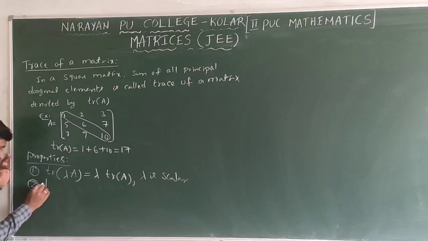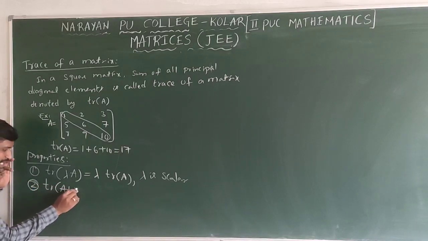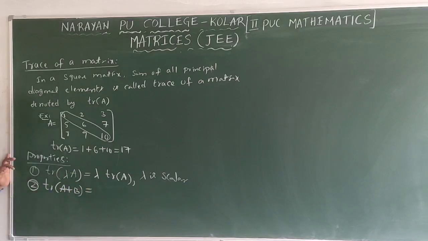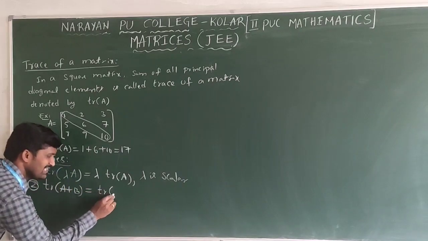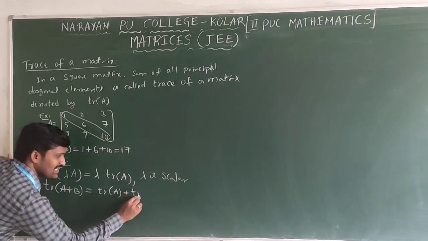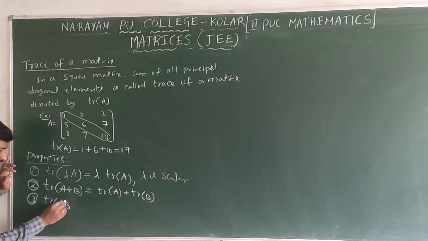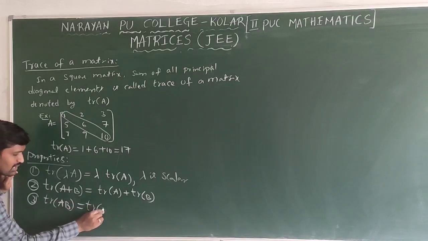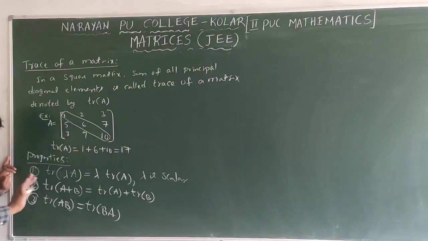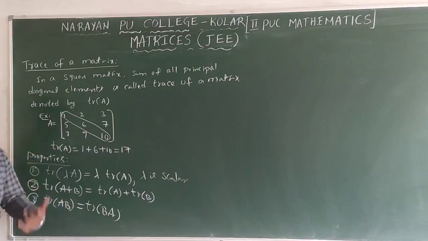Next, trace of A plus B equals trace of A plus trace of B. Next, third one, trace of AB equals trace of BA. Both trace values, trace meaning the sum of diagonal elements, will be equal.